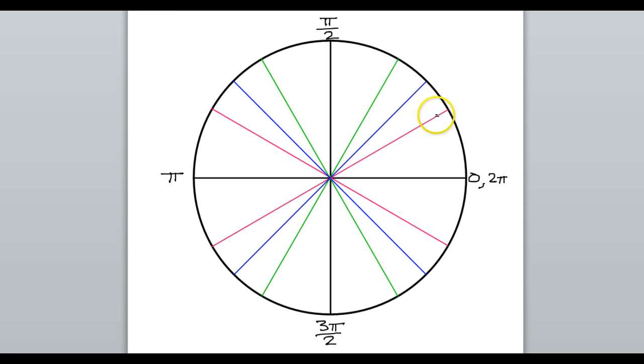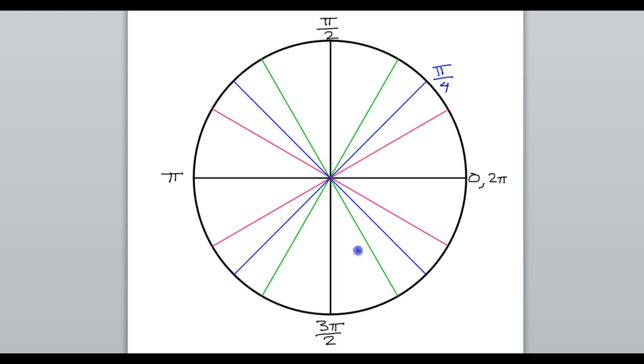Now I can get into more detail if I go the next level and I cut this in half. If I go 90 degrees, that's the same as pi over 2. But what about if I go halfway and I go 45 degrees? Well, that would be 1/4 of my whole pi here. So this would be pi over 4.